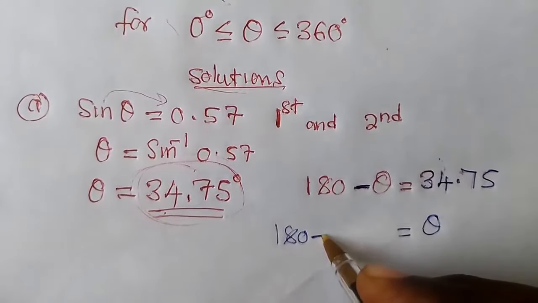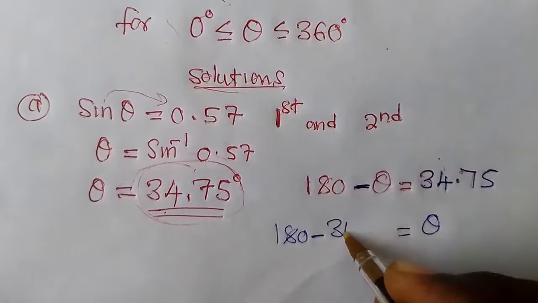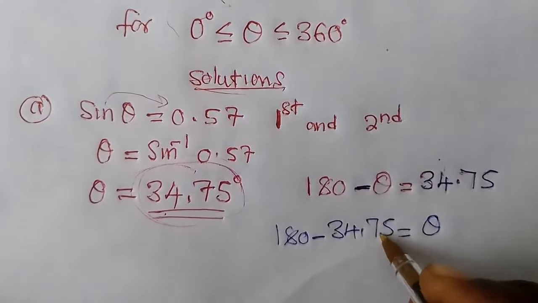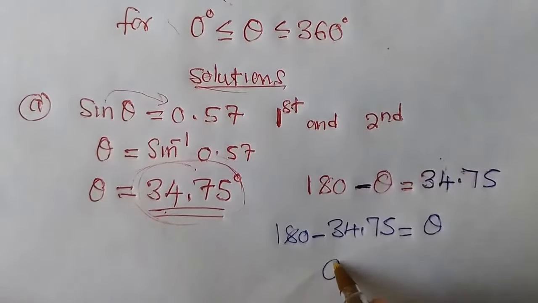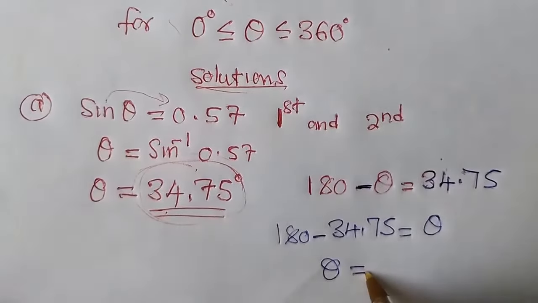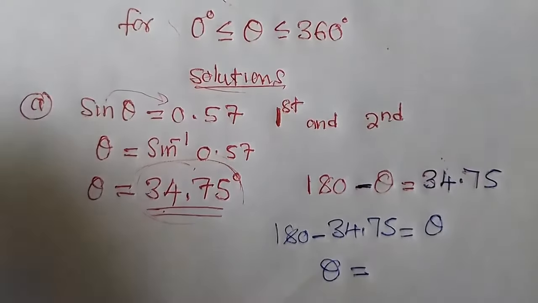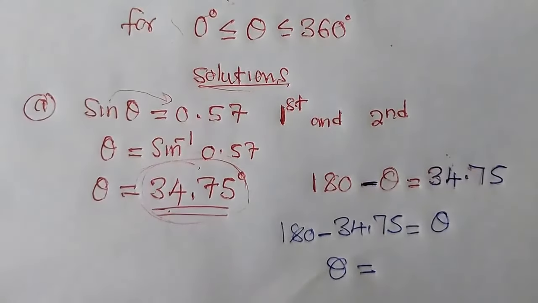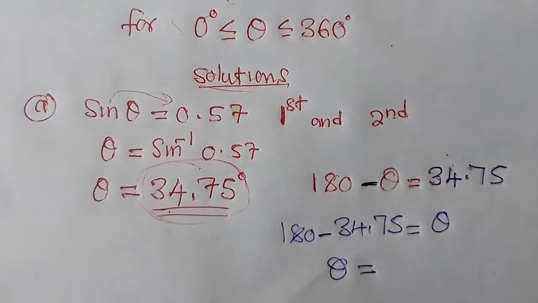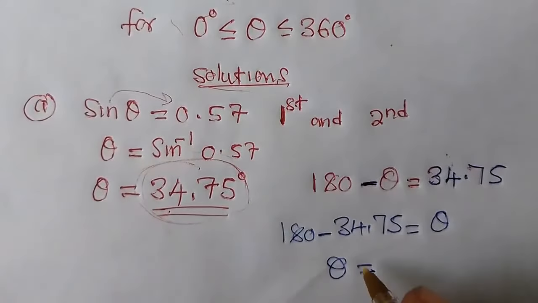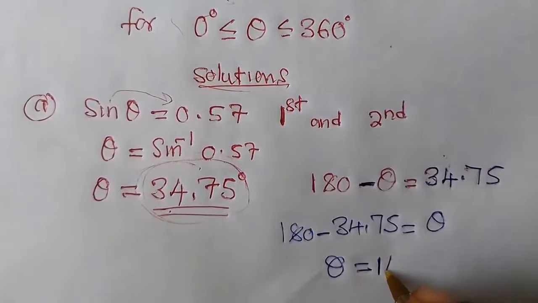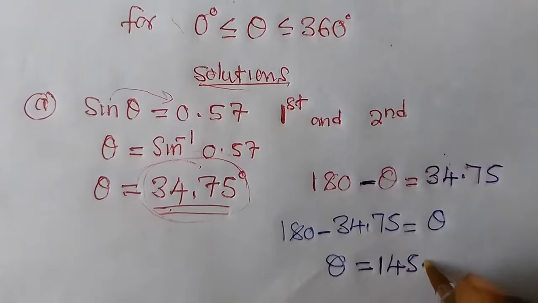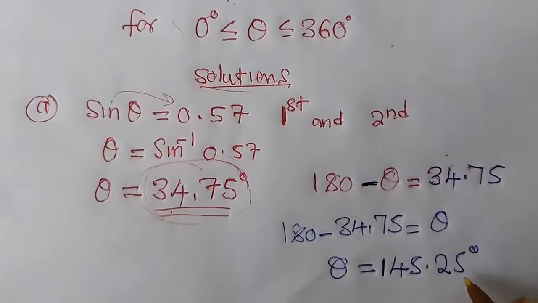So minus 34.75, which is equal to theta. Then you subtract: 180 minus 34.75. The answer is 145.25 degrees.